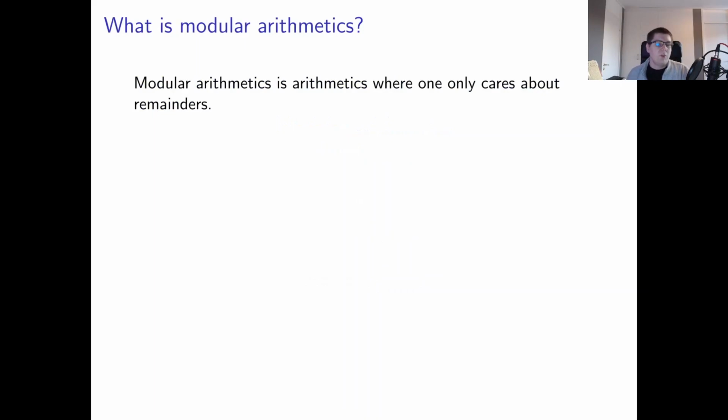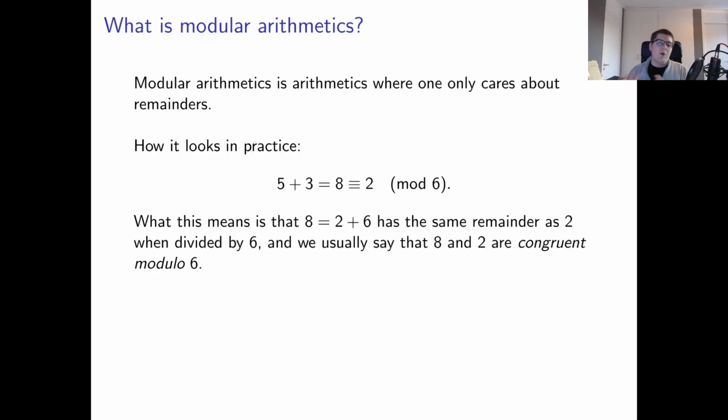So, first off, what is modular arithmetic? Well, it's simply arithmetic where we only care about remainders. For instance, how it looks in practice is something like this. You will see a line where 5 plus 3 is equal to 8, and then you see three lines stacked on top of one another, and then you see that this 8 is related to this 2, and then you see this parentheses modulo 6.